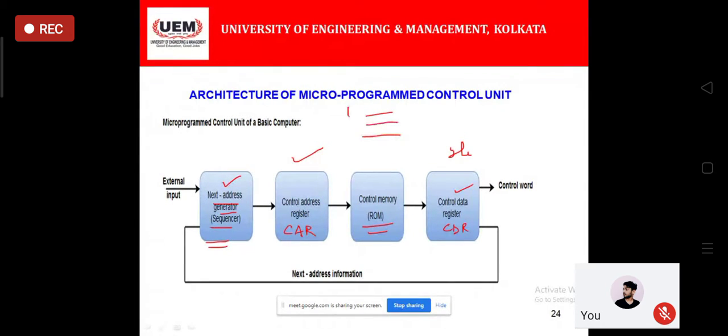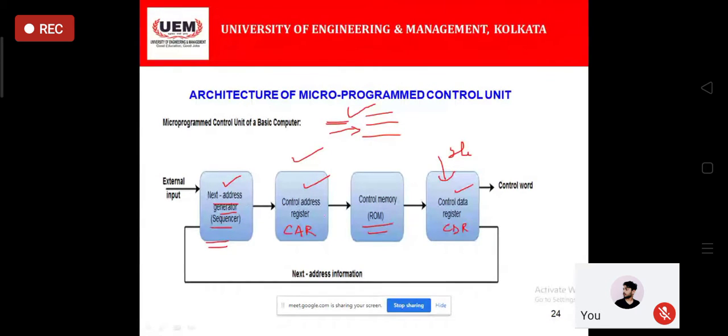Suppose there is the first micro instruction, whatever address is there is stored here. Then the data is fetched from some memory, and then the address of the next micro instruction is going to be calculated by this next address generator circuit, known as the sequencer circuit.